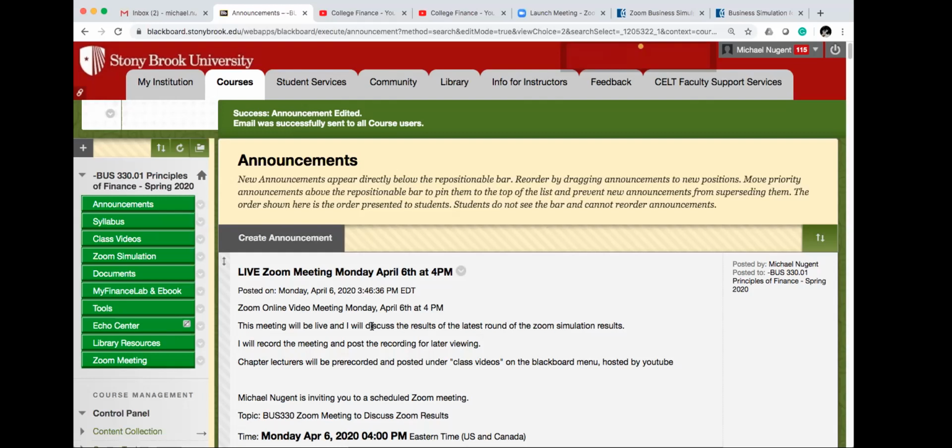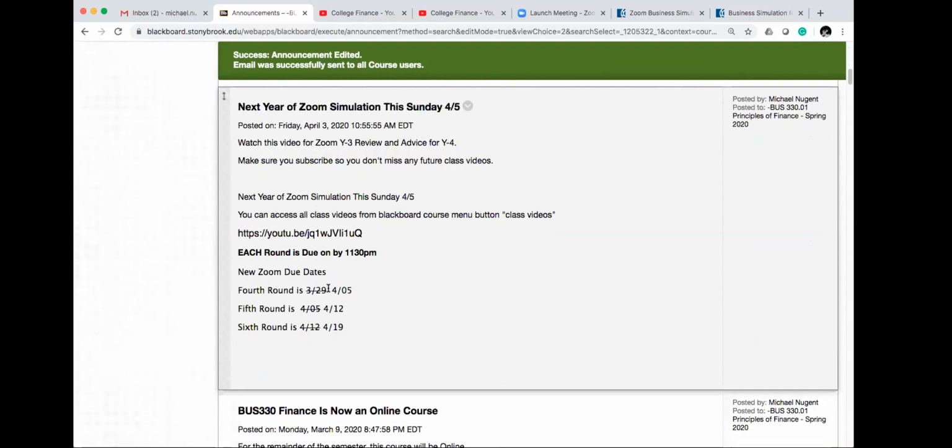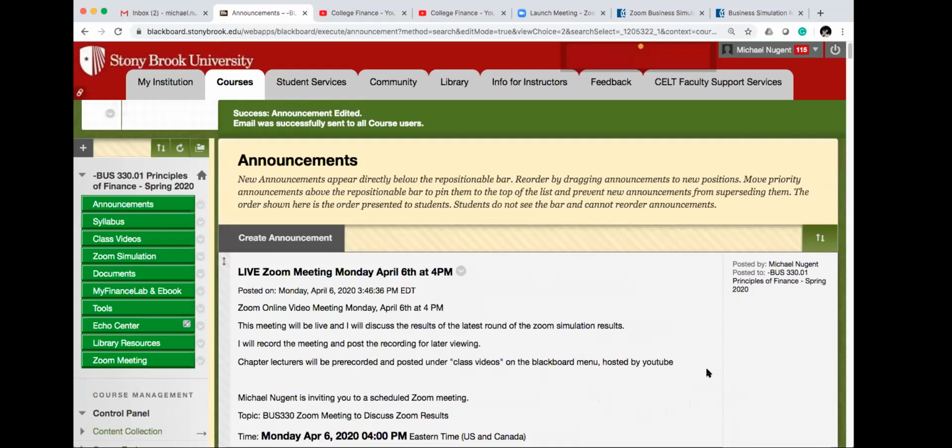Everything has been set up already, so you can see all the due dates on My Finance Lab. The final is on the same day, and all the due dates, as you can see, were pushed a week because of the extra week of spring recess. And if you look on your control strip, there should be something that says chat, or it might say more, and you can select chat.